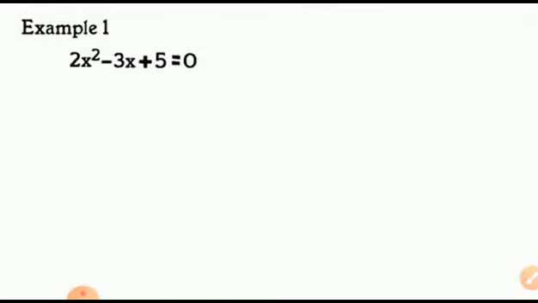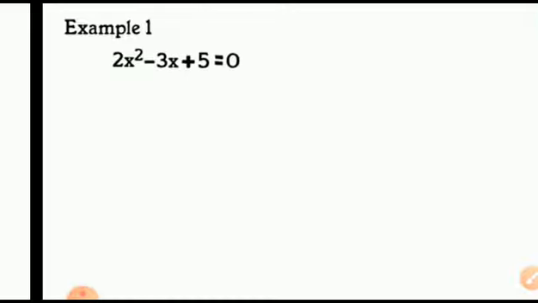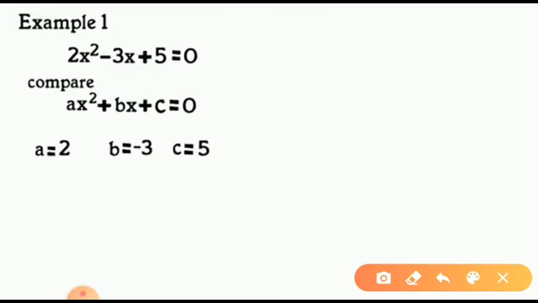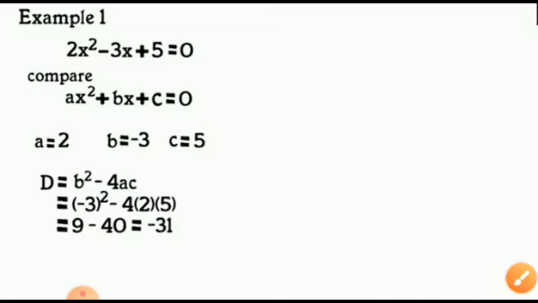Just compare the given equation with the standard equation and find the values of a, b and c. Then to determine the nature of the roots, I have to find the discriminant, that is b square minus 4ac. By comparing, I have got a as 2, b as minus 3 and c as 5.